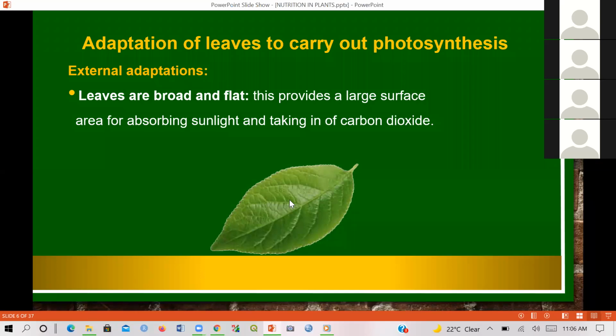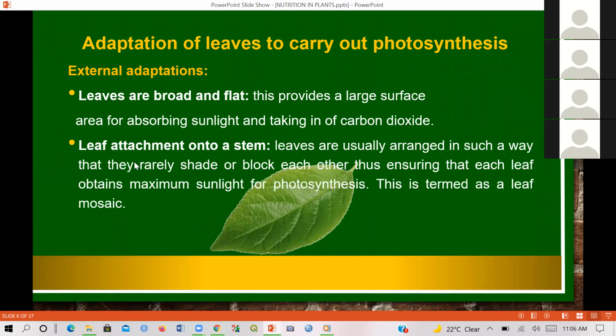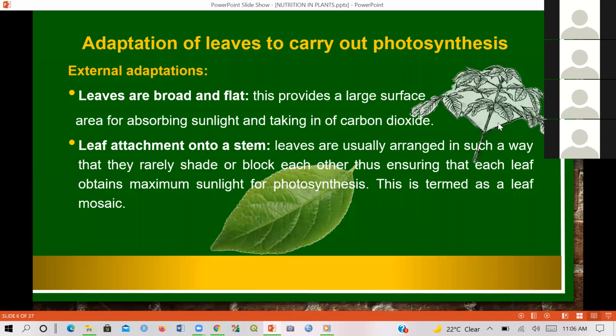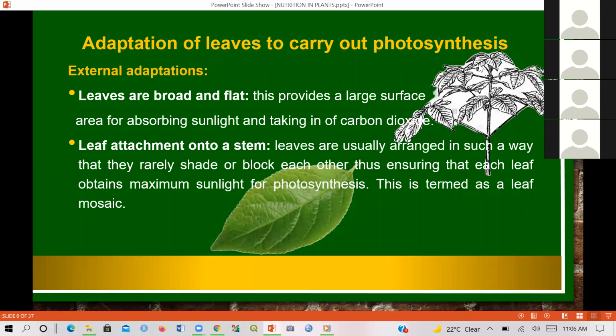Then the second adaptation is the leaf attachment onto a stem. How leaves are attached onto a stem matters so much. When you look at how these leaves are arranged on this stem, you notice that these leaves do not shade each other.